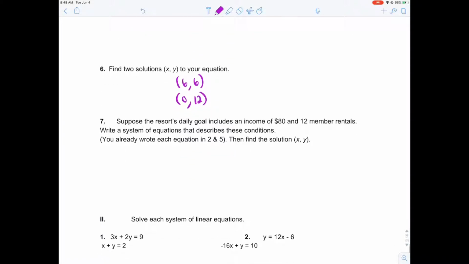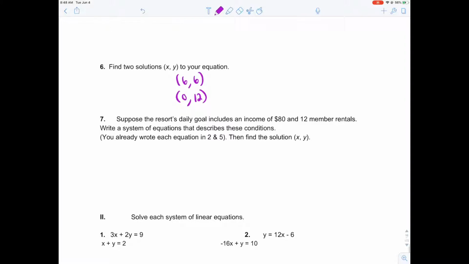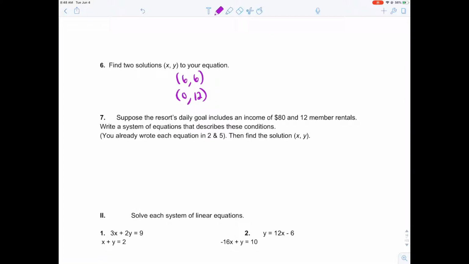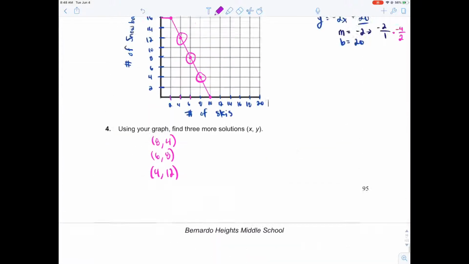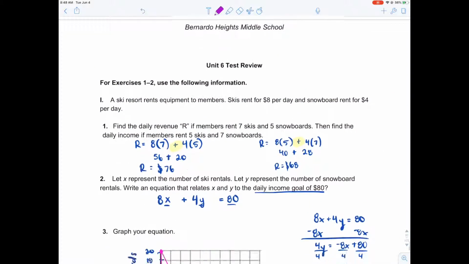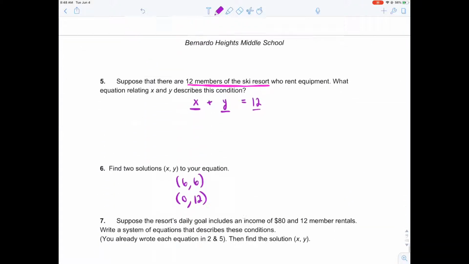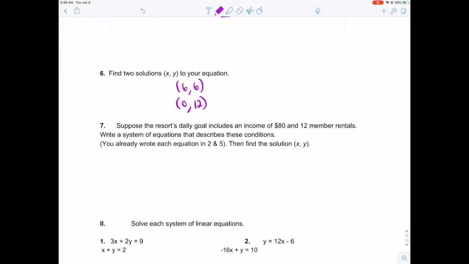Suppose the resort's daily goal includes an income of $80 and 12 member rentals. Write a system of equations that describes these conditions. So now this problem's kind of combining everything that we've learned, right? So lastly, we need to write a system of equations. Fortunately, we've already written 2 equations here.